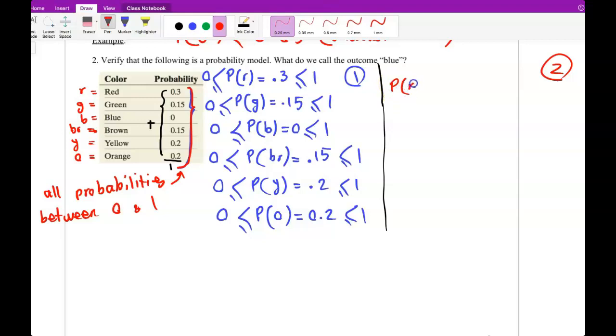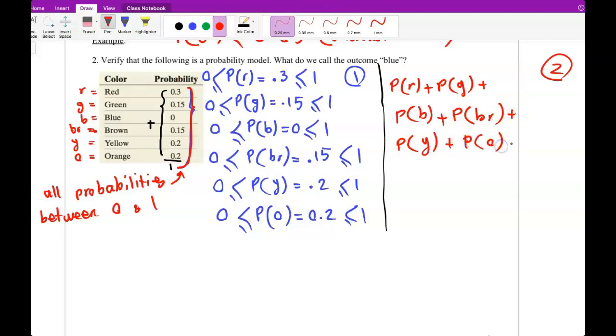Adding all these probabilities of R, G, brown, blue, brown, yellow, and orange. So I'm writing these numbers. Okay, let's use semicolons.